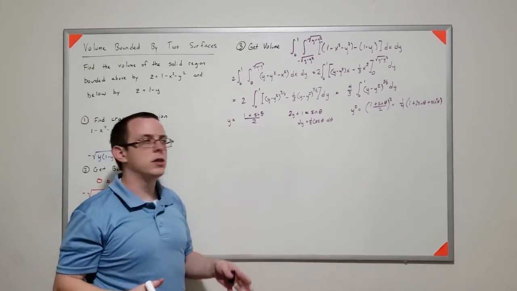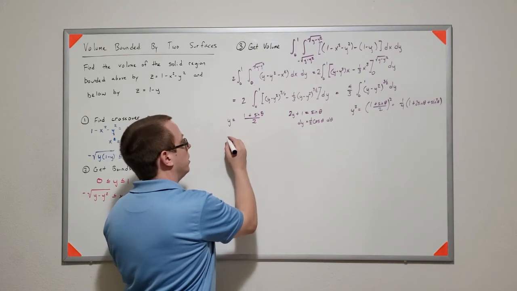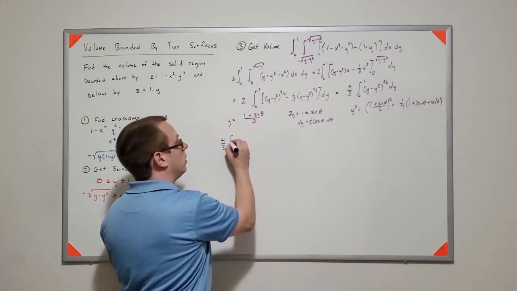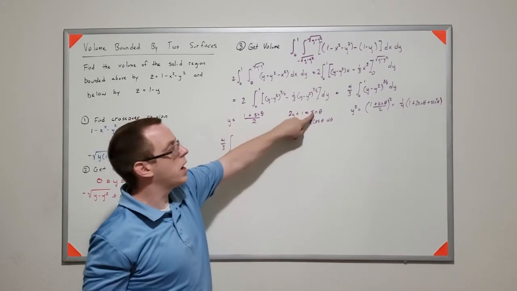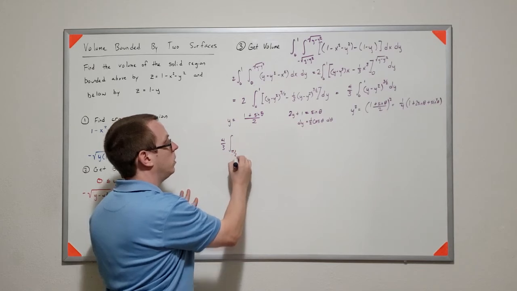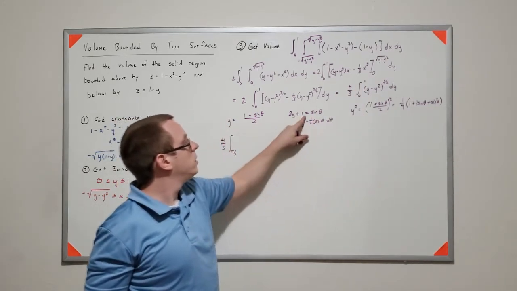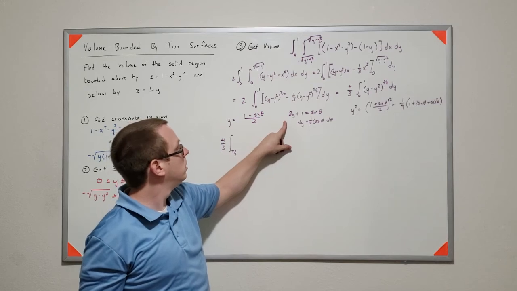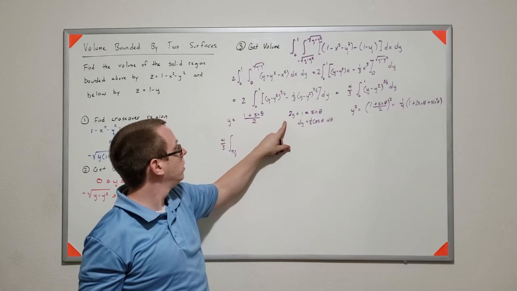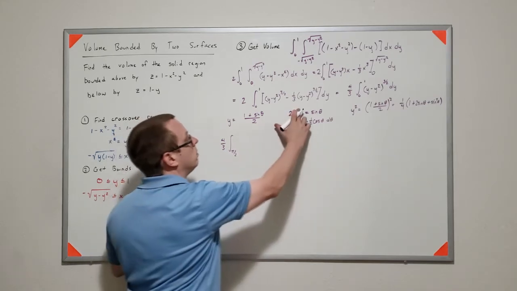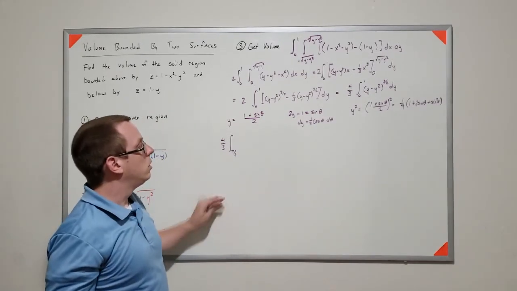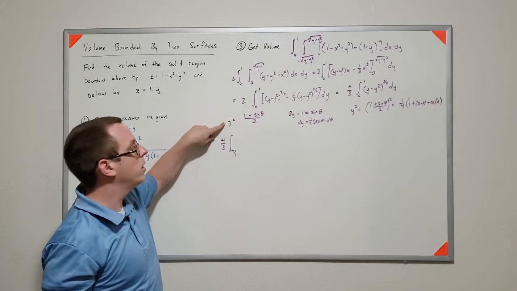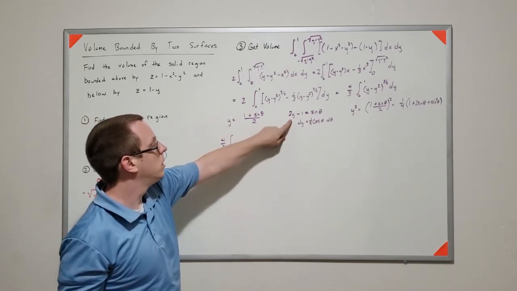So let's just go ahead and sub this in. What we get is 4/3. So when y is 0, sine of theta is 1, so that's pi over 2. When y is 1, sine of theta is also 1.